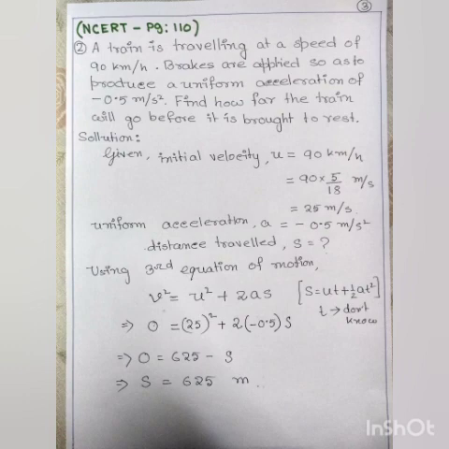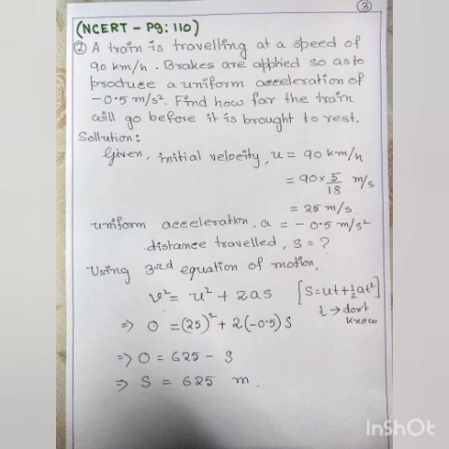And u square will be 25 square plus 2 into minus 0.5 into s. Okay. So 0 equals 625 minus s, and therefore s is equal to 625 meter. Means the distance traveled by the train before it comes to rest will be 625 meter.